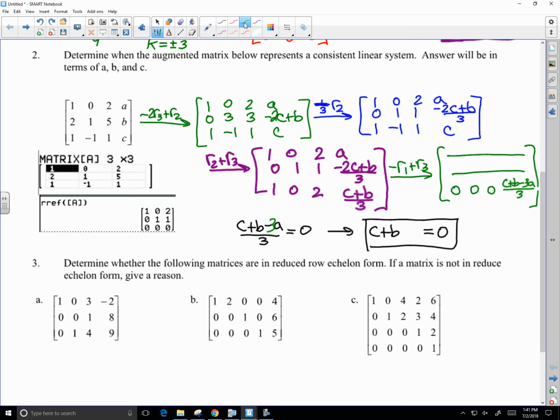I had the a, I was missing the coefficient. Yeah, that was weird. Just kind of threw it in. Yeah, this should be 3a over 3.